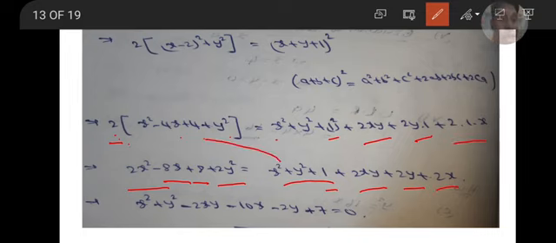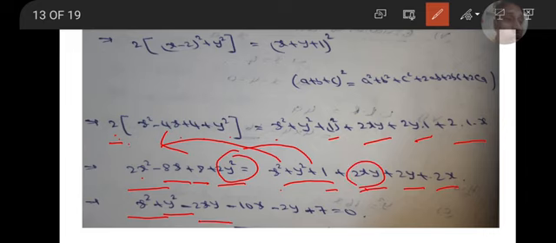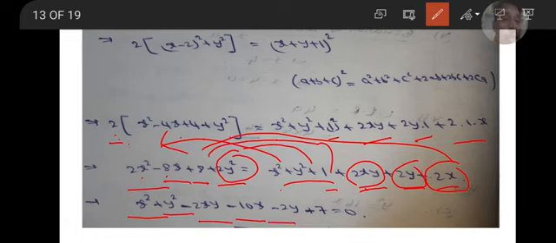Simplification: if x square comes to this side, 2x square minus x square, and y square comes to this side, 2y square minus y square plus y square. Next, this minus 2xy will come to the RHS. Next, 2x, if 2x comes to this side, minus 8x minus 2x is minus 10x, and next this 2y minus 2y, and 1 comes to this side, 8 minus 1 is 7, equal to 0.